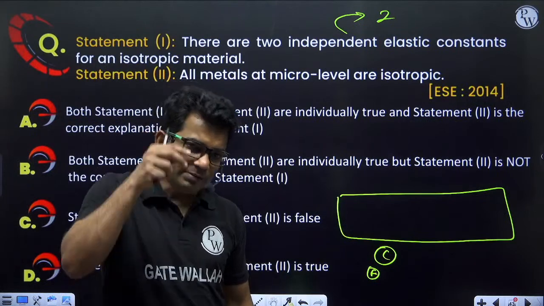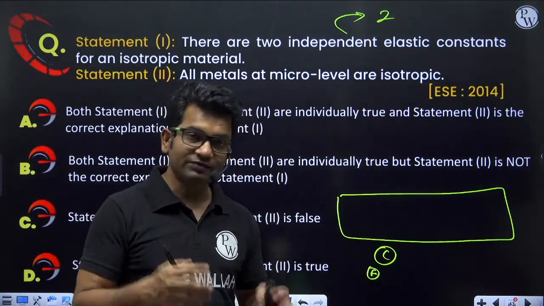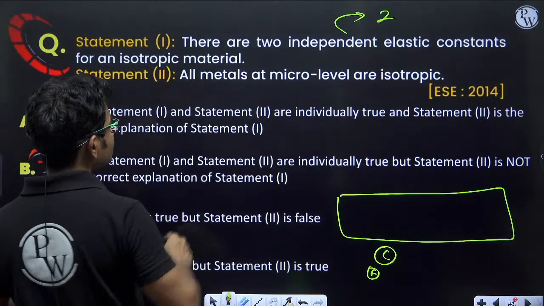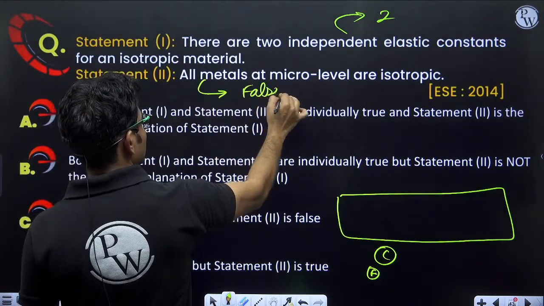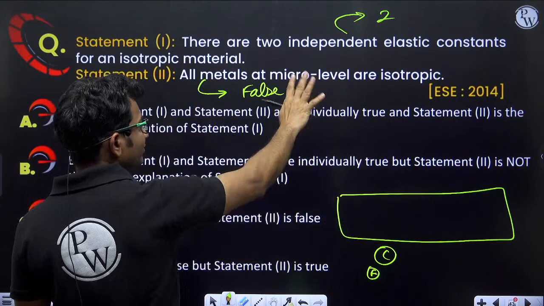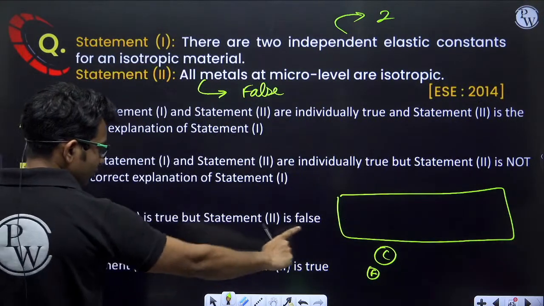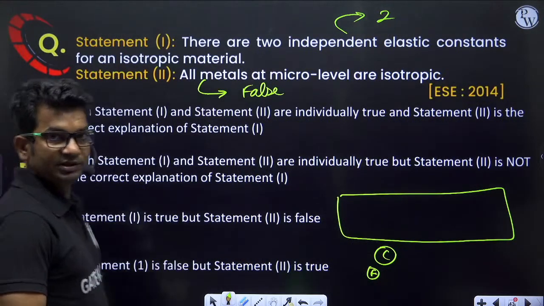So at microscopic level all metals will be non-isotropic. So this statement is false. So statement 1 is true, but statement 2 is false. Correct answer will be option C.